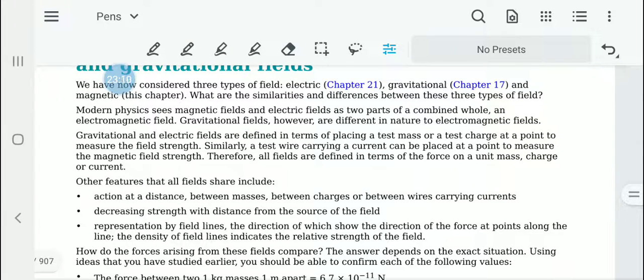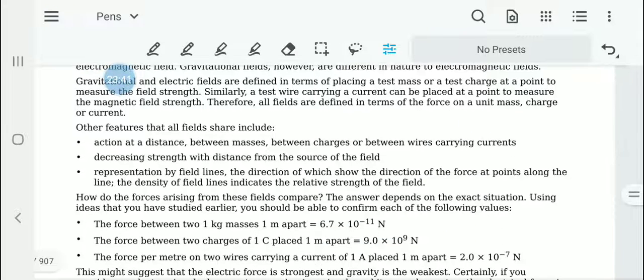Now you can study gravitational and electric fields by defining a test mass or a test charge at a point. A test wire, if you place a test wire at a particular point, you can derive its magnetic field strength also. So we can use the force on a unit mass, force on a unit charge, or force on a unit current.